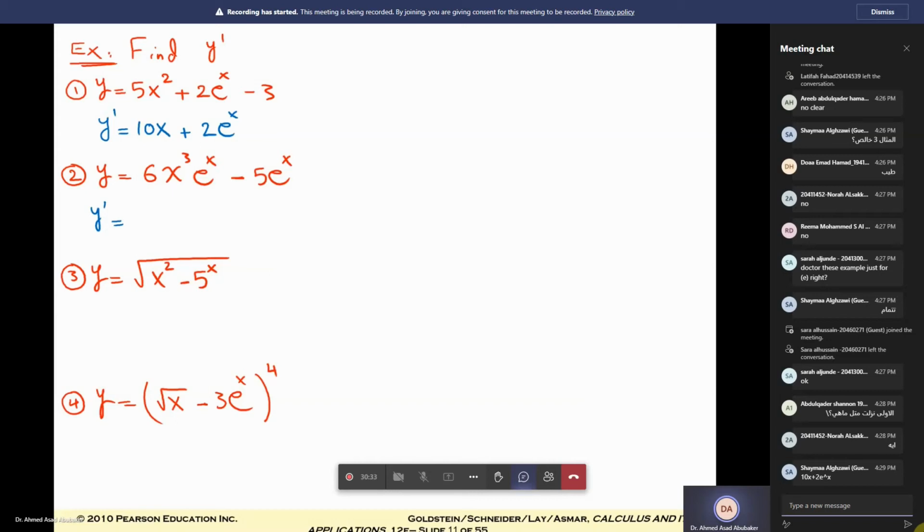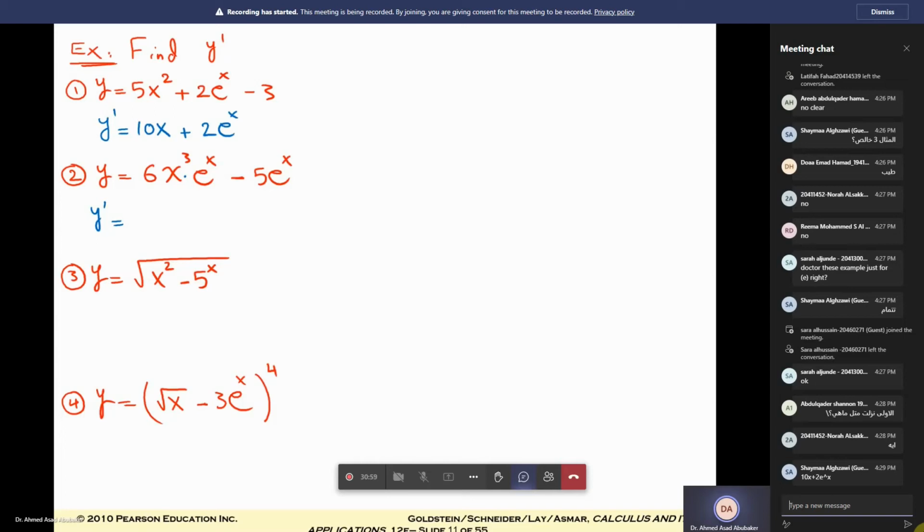Y prime for the second. We have here multiplication, so we must apply the product rule. We have 6x to the power 3 multiply e to the power x. So we must find the derivative of the first, multiply the second, plus the first multiply the derivative of the second.